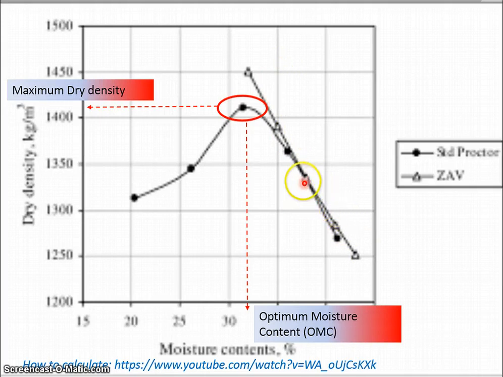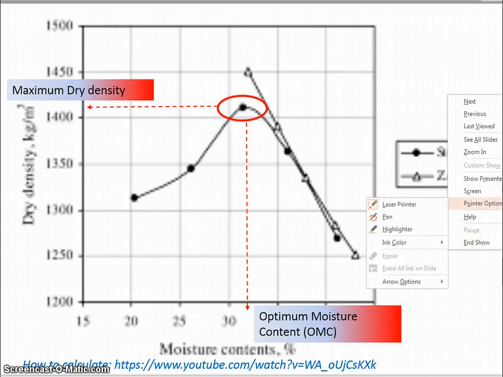And if you can see here, at the critical point, the zero air void is superimposed with the results of the compaction. So it's still accepted. But if you plot the zero air void inside the curve, it will be a wrong result. So you have to comment on why it happened.